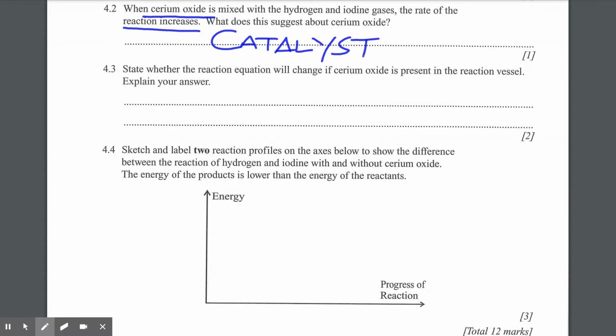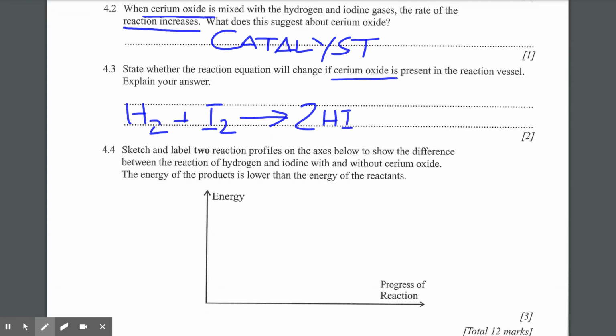Now, when that happens, the reaction equation, which initially is a reaction between hydrogen H2 molecules and corresponding I2 molecules, making two hydrogen iodide molecules. Now, the cerium oxide, which is present in the reaction, is not included in that overall equation.